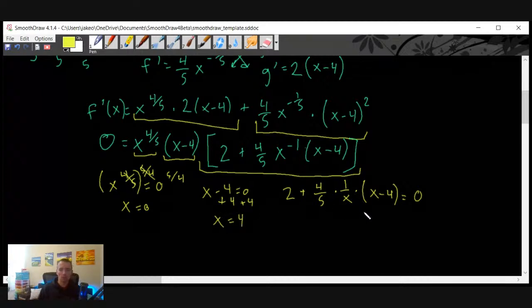And then this one's going to be a little more complicated. We're going to want to start kind of moving different terms over to the other side here. So we can subtract 2 from both sides, giving us 4/5 times 1 over x times x minus 4 equals -2. Multiply both sides of the equation by 5 over 4 to cancel with this one.